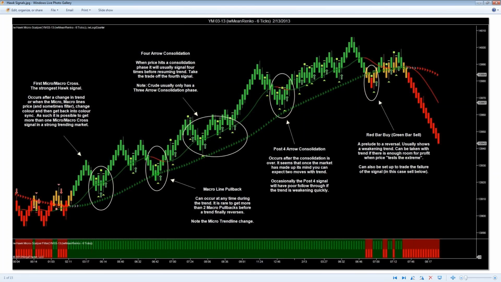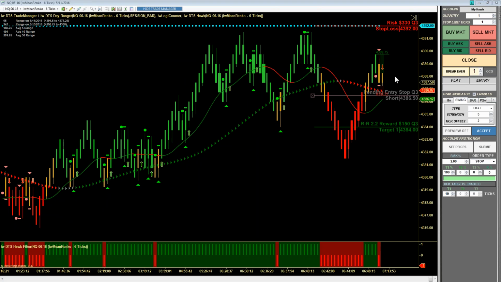So for the hawk, it's going to be signals like this, where we're looking for a first micro macro cross, or a macro pullback, or 4-arrow consolidation, or the post 4-arrow consolidation, or the red bar buy, or the green bar sell. These are the high probability signals that we're focusing on. The one I'm chasing right now is the green bar sell. Come on, let me get that one.